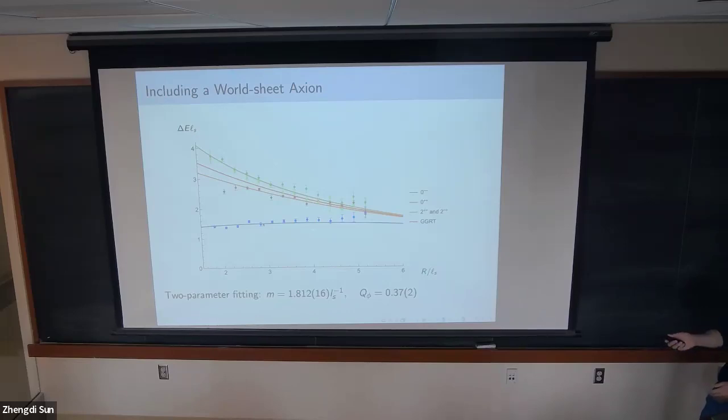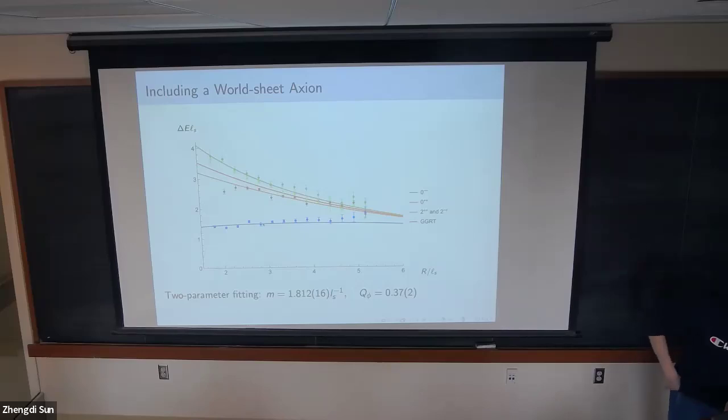After introducing this worldsheet axion, we actually only use two parameters. One parameter is the axion mass, and the second parameter is the axion coupling. And these two parameters are enough to predict, at least in this case, all the spectrum with level 1.